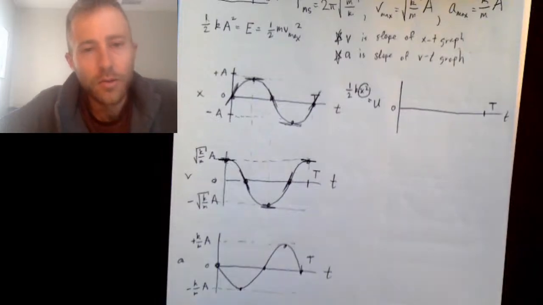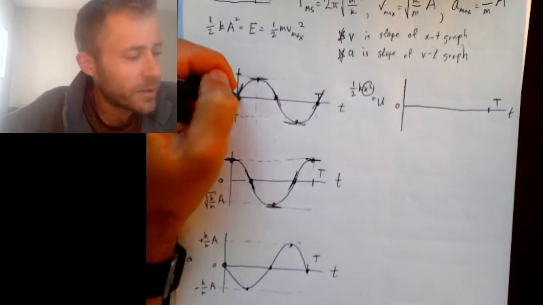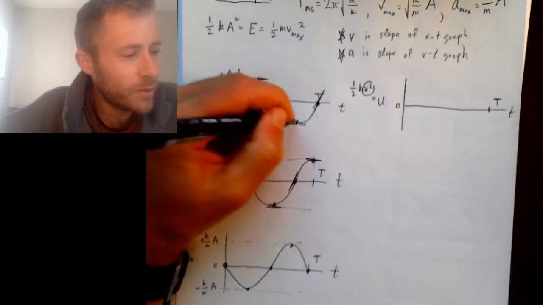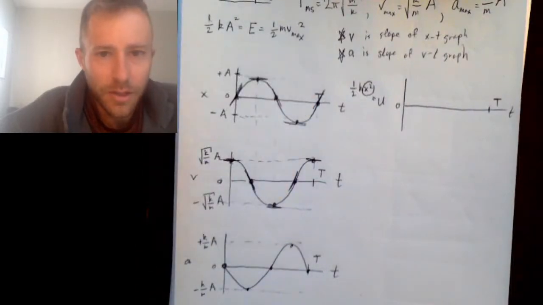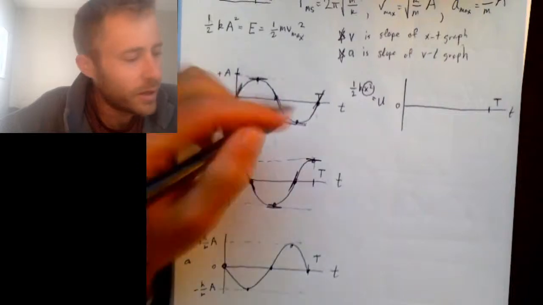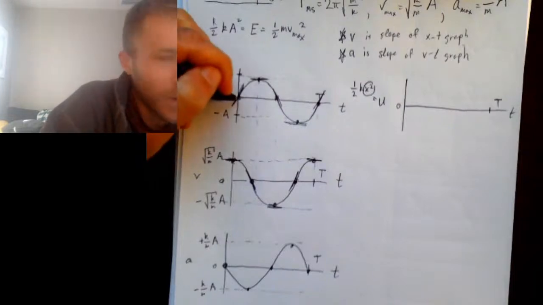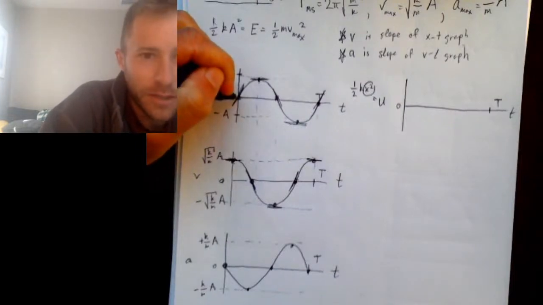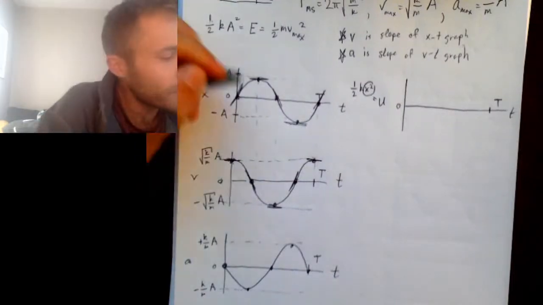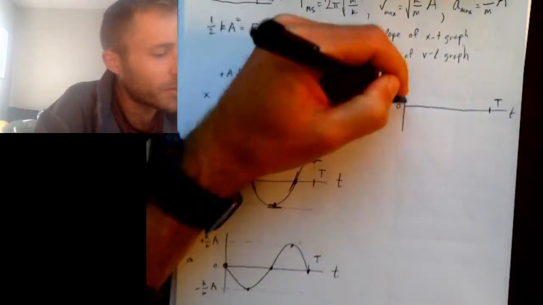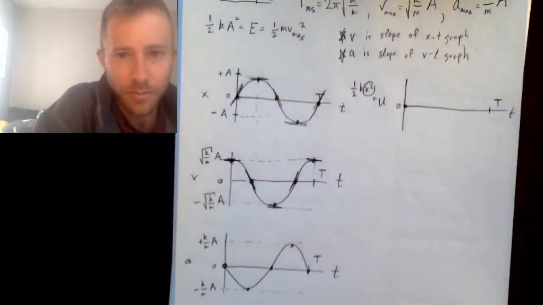Okay, so what I'm going to do is take these same 5 points, connect them, and square each of these values. Okay, so if I square 0, I get 0. So at this time, I'm going to mark 0 as the potential energy.